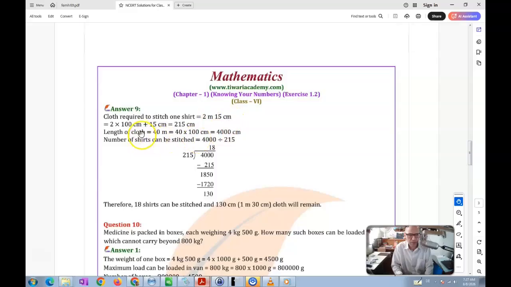And then the length of the cloth is 40 meters, which is the same thing as 4,000 centimeters. If you divide the total amount of cloth that you have by the amount of cloth you need for one shirt, you will get the number of shirts that you can stitch, right?